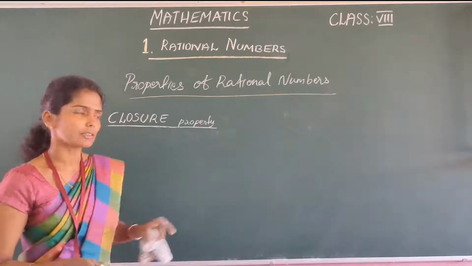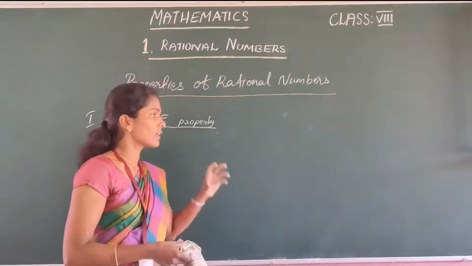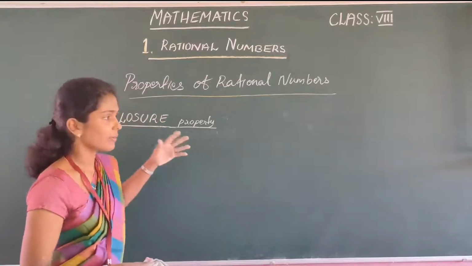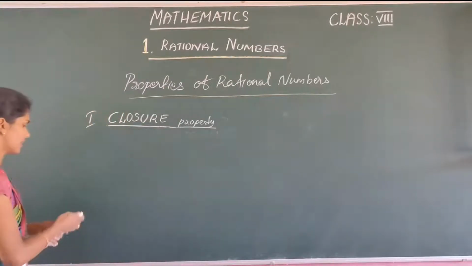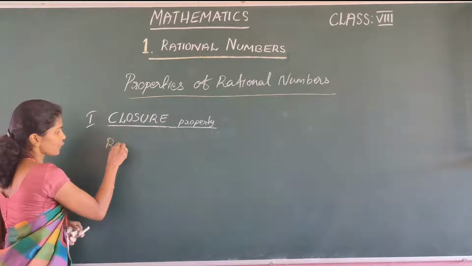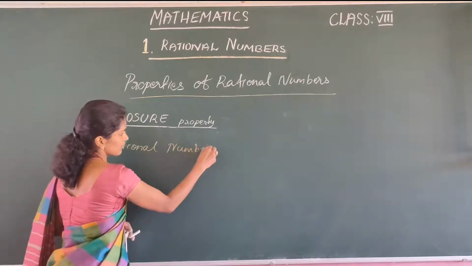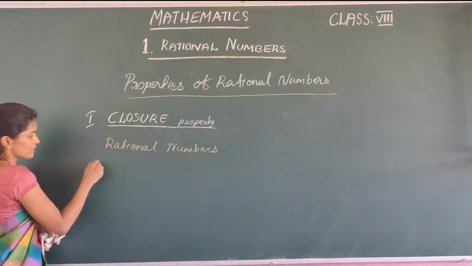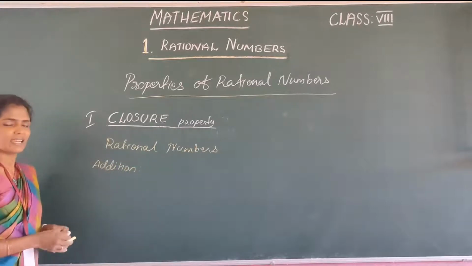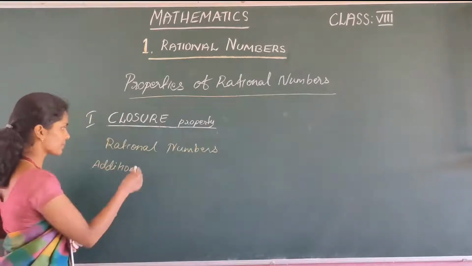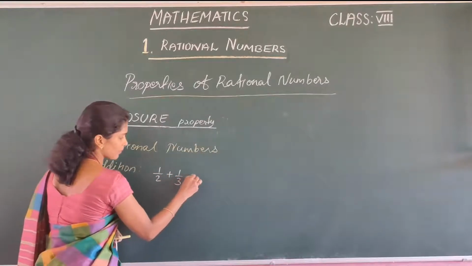Okay, you should check whole numbers and integers yourself, whether the basic operations are closed or not. Next, we check rational numbers. In the case of rational numbers, first addition. Take any two rational numbers, 1 by 2 and 1 by 3.